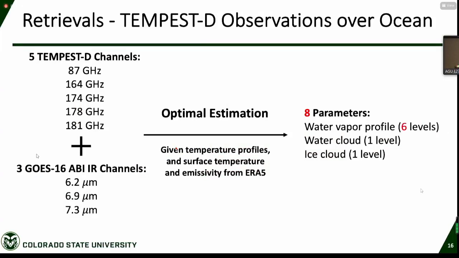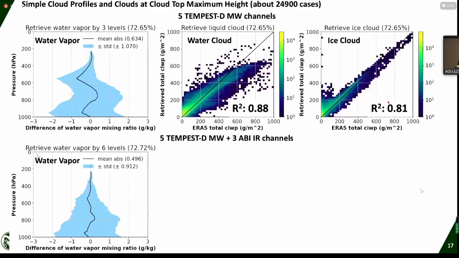Then we can retrieve more of the water vapor profile, from 3 levels to 6 levels. The upper figures are the results using only the 5 Tempest microwave channels, and the lower figures are 5 Tempest plus 3 ABI IR channels.